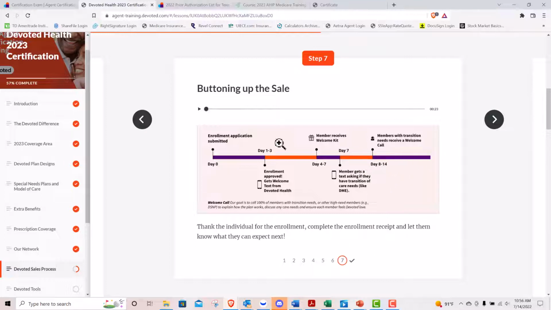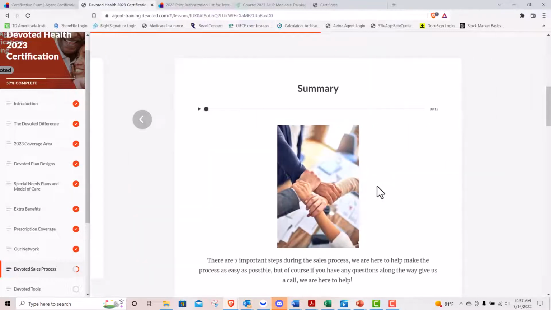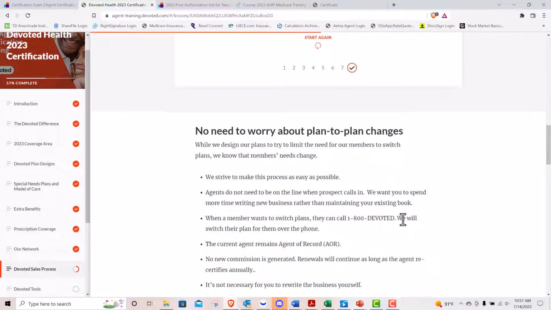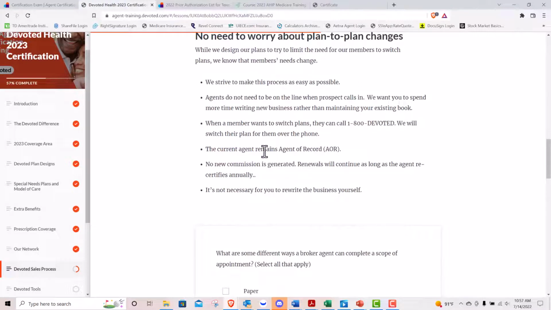They'll get 4 contacts pretty much: the welcome text, the welcome kit, the transition call, and the welcome call, all within this time here. Okay, that's the summary.